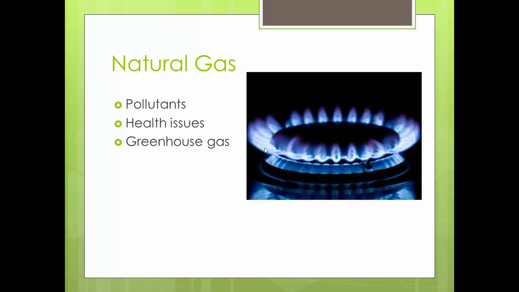There are also emissions of toxin and smog-forming pollutants such as benzene, which is known as a carcinogen. This can lead to health problems like asthma, cancer, and long-term lung damage in people who live nearby. When natural gas is vented or leaks from wells and pipelines uncombusted, it is a powerful greenhouse gas. So this can be an issue, and there are some risks with natural gas.